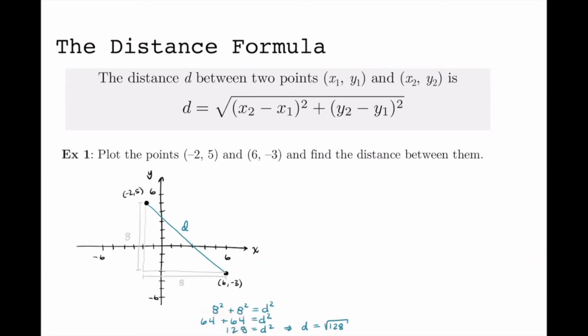We do 2 times 64 or add 64 to itself, and we get 128. And 64 is 8 squared. So we can write this as the square root of 2 times 64, and then that 64, which is a perfect square, can come outside of the radical as an 8. And a maybe better answer for this, or the most simplified form, would be 8 radical 2.